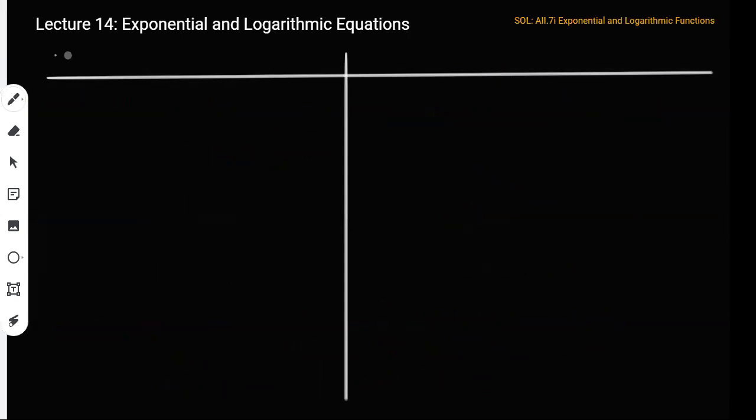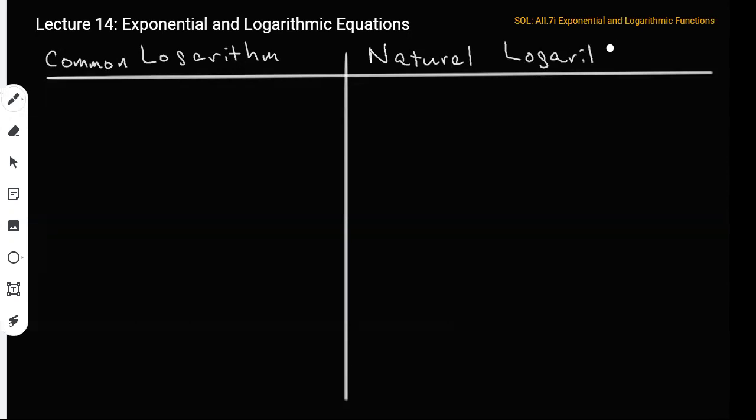All right, so you're going to have the common logarithm, I'll put that on the left side. And then on the other side, you have the natural logarithm, which is going to be the most important. We'll save that for last. So let's talk about these two very special types of logarithms.